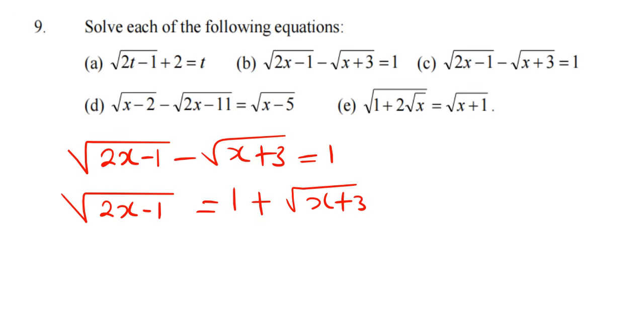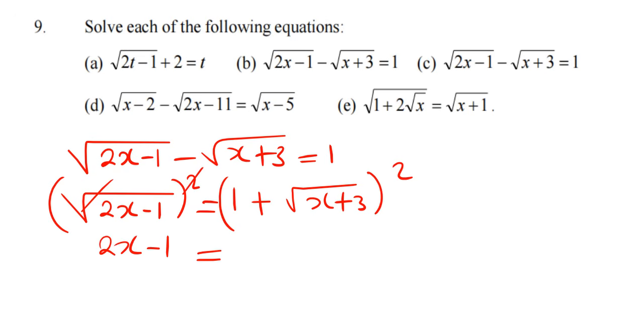Then from now, you square both sides. So the square and the root are going to cancel. I'm going to have 2x minus 1 is equal to, now this one is going to square 1 and it's also going to square this expression. When I square 1, of course I'm going to have 1. When I square this expression, I'm going to have x plus 3.